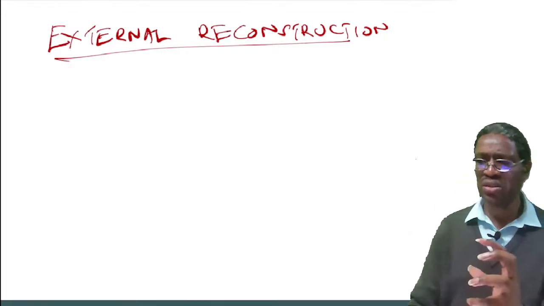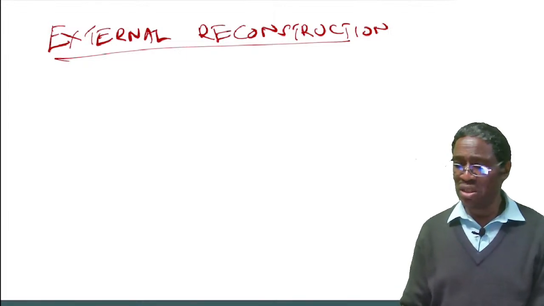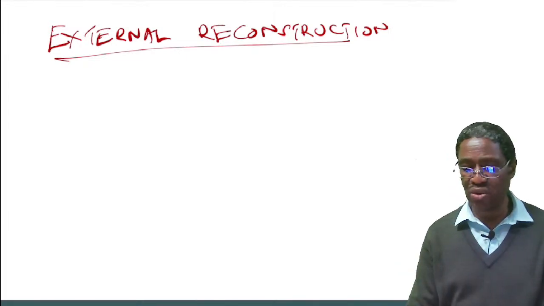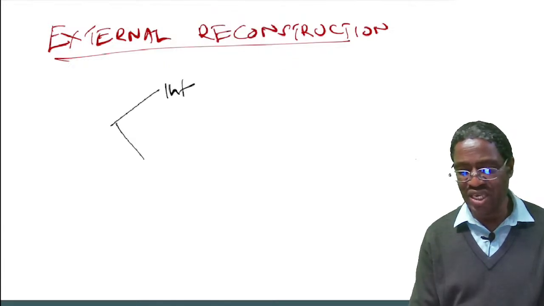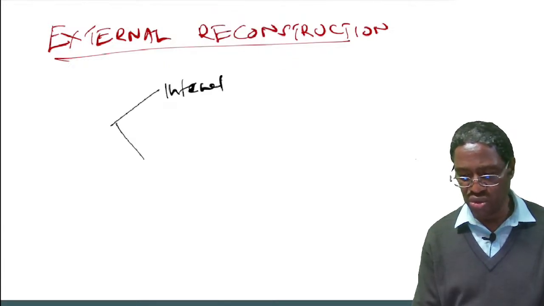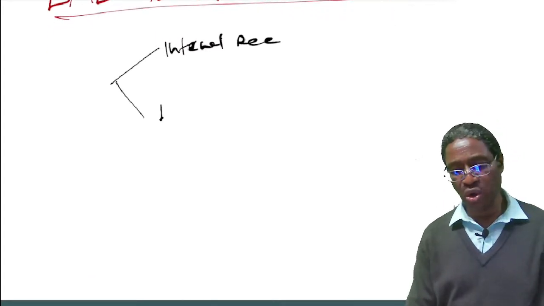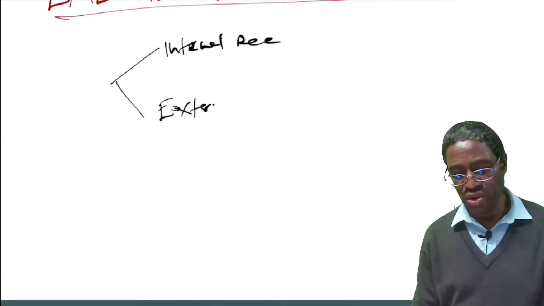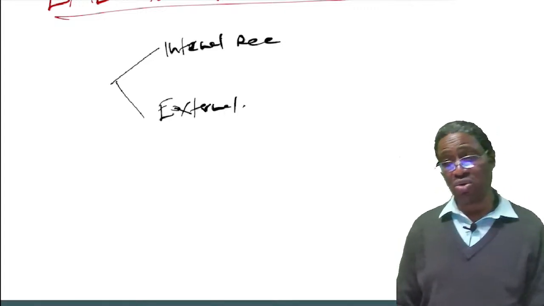There are two ways in which you can reconstruct a company. One way is through what we were calling internal reconstruction, and the second way is through what we call external reconstruction. We have already covered the internal reconstruction.